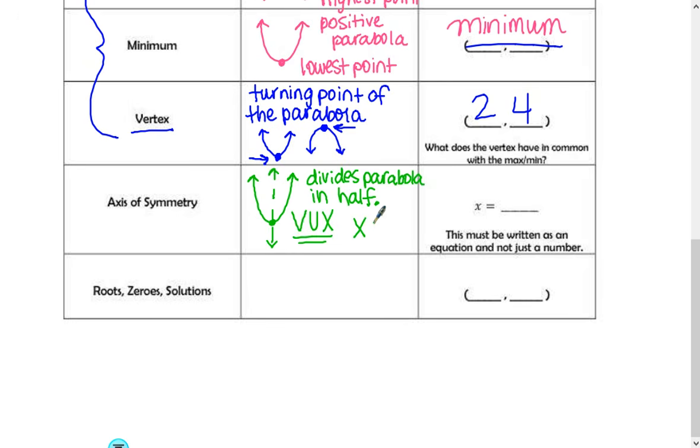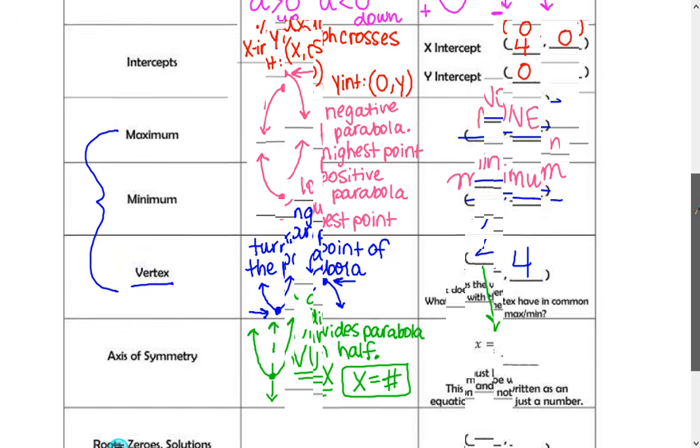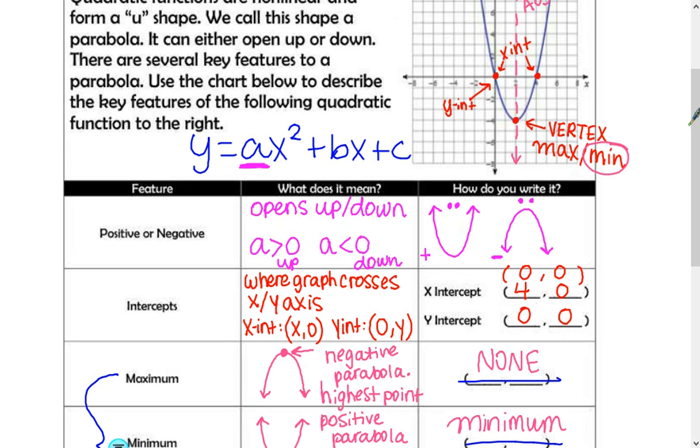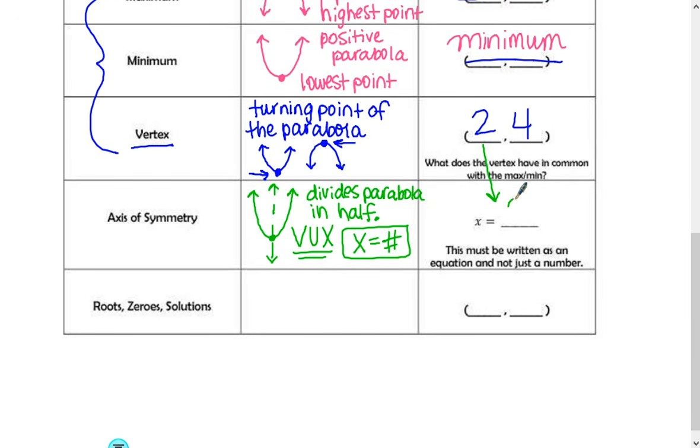It is a special x equals some number, okay? So in this particular case, you'll see it always corresponds to the x value of your vertex. So if I go back and look up here, it's x equals, and wherever it cuts through my x-axis, which is right here at 2. All right, and again, x equals 2, we do have to write this as an equation. It says this must be written as an equation, not as a number.